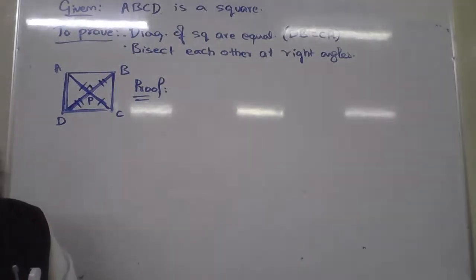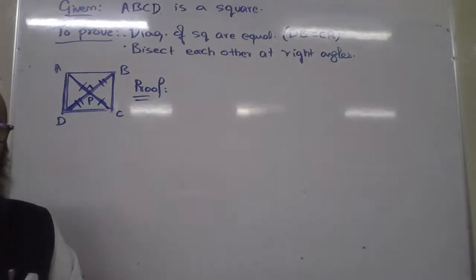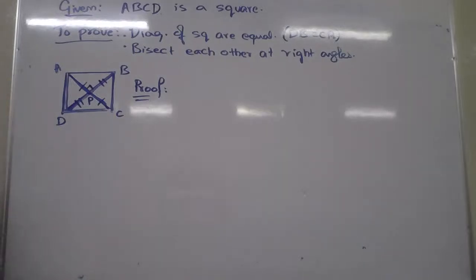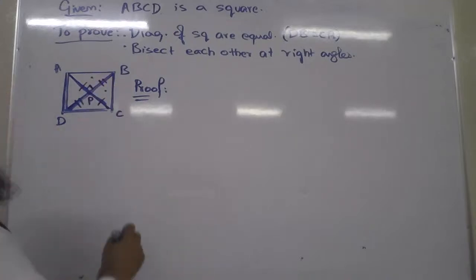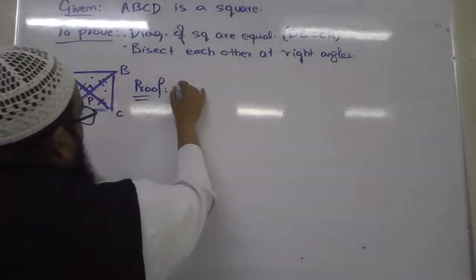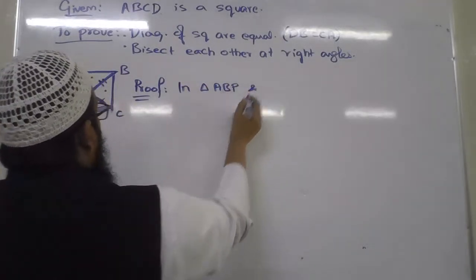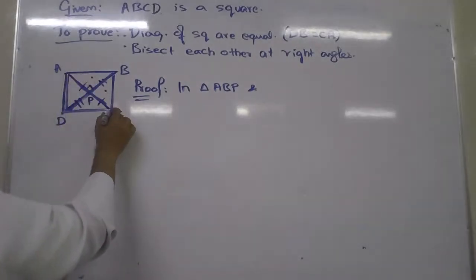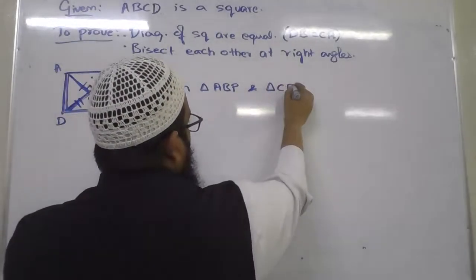Okay, so let us do this. For the bisecting part, let us take these two triangles. What is this triangle? ABP. In triangle ABP, and since I have taken A, you have to take CBP. Triangle CBP.